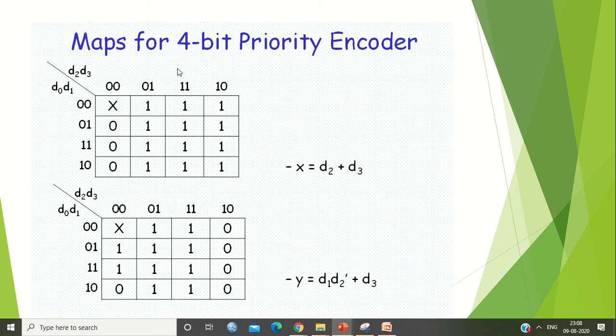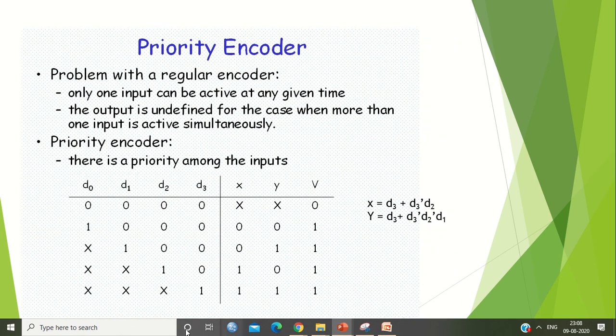So when we draw the K-map for X and Y, first we are going to draw the K-map for X. For X, the inputs can vary from 000 to 111.